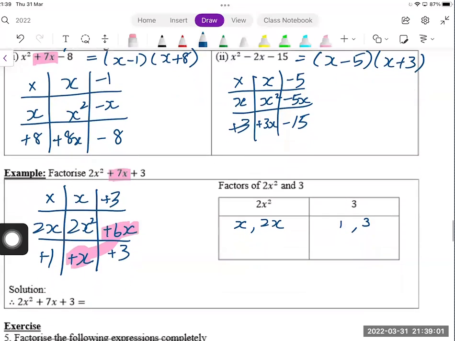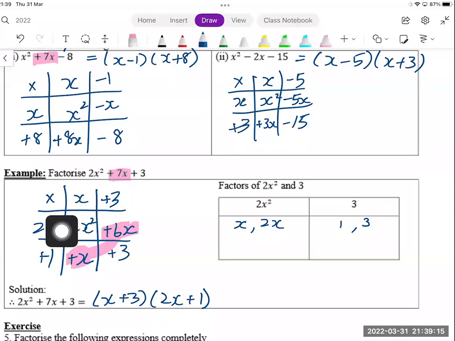So you write down the solution as x plus 3 times 2x plus 1. This is where the positioning starts to make a difference. Previously it's all just x squared, so the positioning is quite straightforward. Can you understand what I mean by the positioning already?